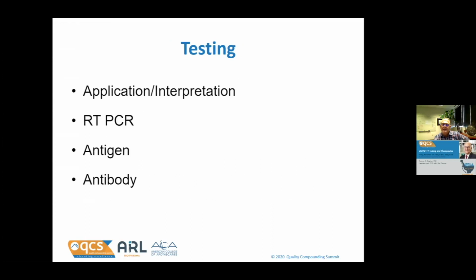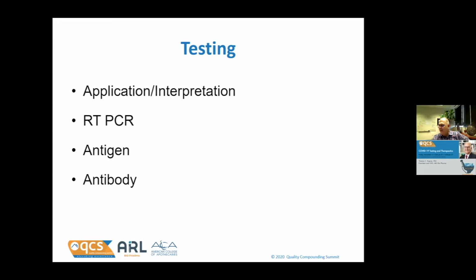So let's look at some of the actual testing. We'll talk about not just the types of testing, but some of the applications, interpretation, site of collection, and the importance that where you are in the disease state will dictate the positive or negative response for that testing. We'll talk about sensitivity, specificity, and what that means.